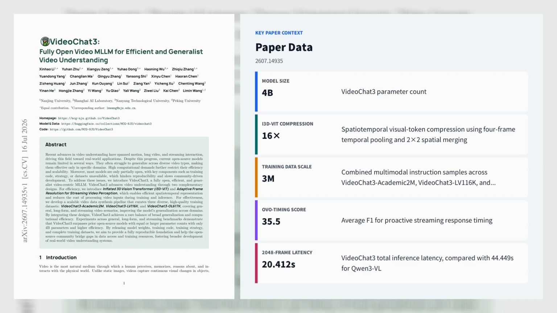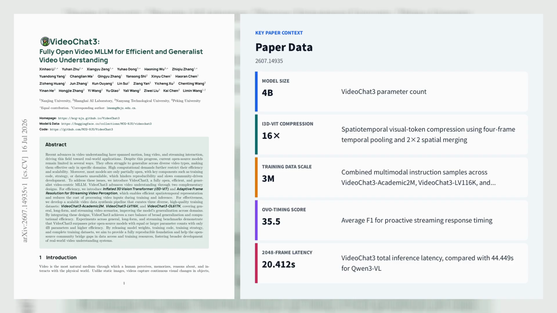VideoChat3 scores 61.7 on MotionBench, 75.6 on TempCompass, and 35.5 average F1 on OVO timing, outperforming similarly sized open models such as Qwen3-VL-4B and Molmo2-4B, while remaining competitive with proprietary systems including OpenAI's GPT-5 and Google's Gemini.